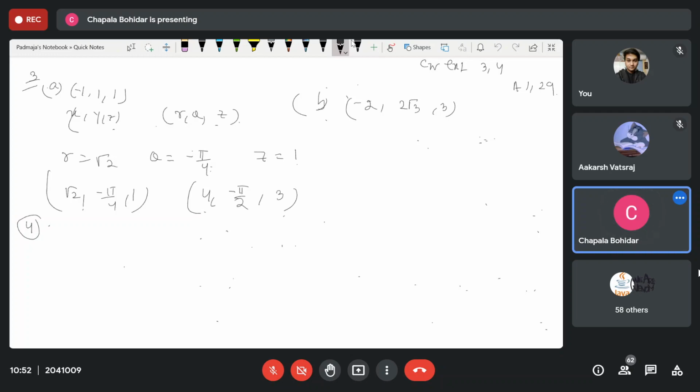Questions 3 and 4 are both the same. So it is a rectangular coordinate and you have to find the cylindrical coordinates. For 2 root 3, then 2, minus 1. Same type of question over here.